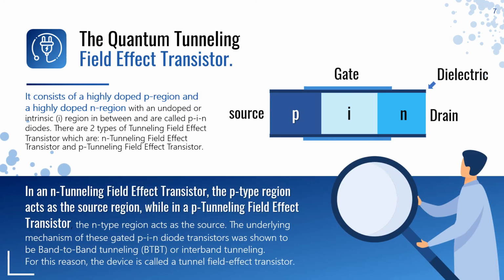In an N tunneling field effect transistor, the P-type region acts as a source region, while in a P tunneling field effect transistor, the N-type region acts as a source. The underlying mechanism of these gated PIN diode transistors was shown to be band-to-band tunneling, or interband tunneling. For this reason, the device is called a tunnel field effect transistor.